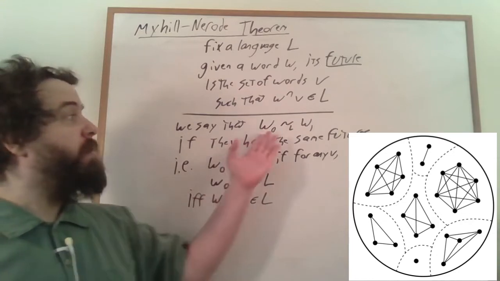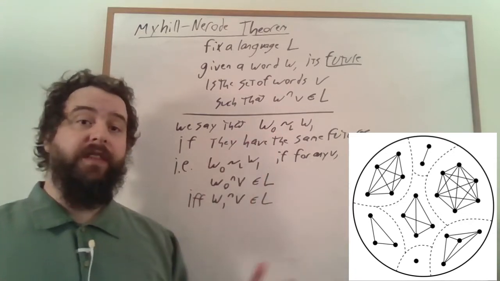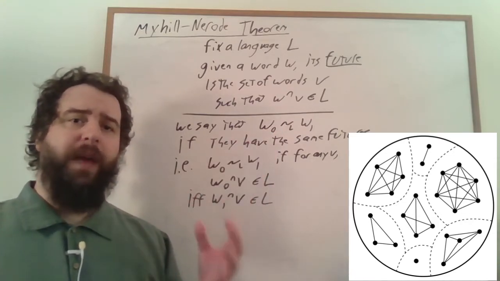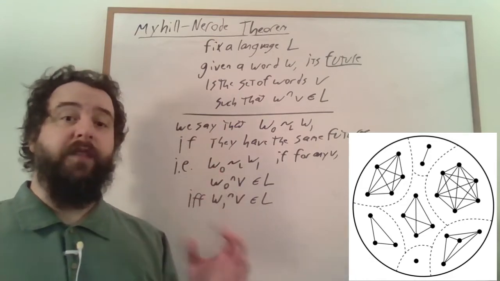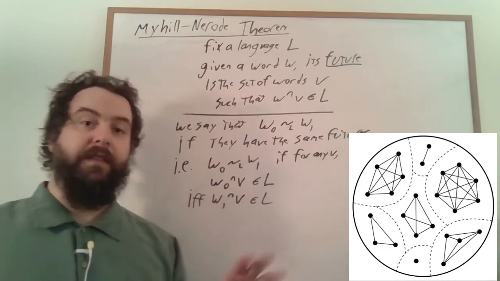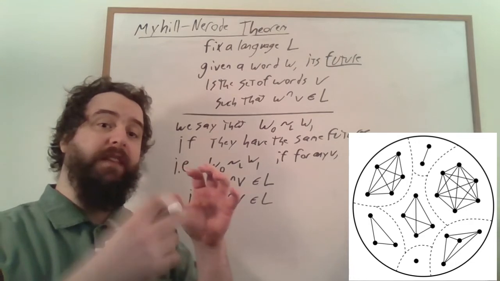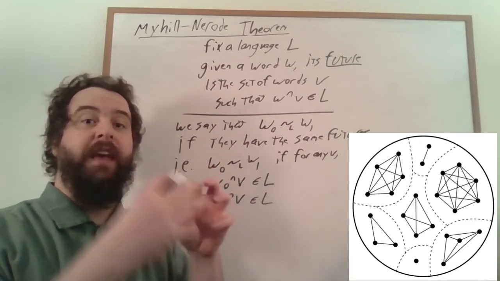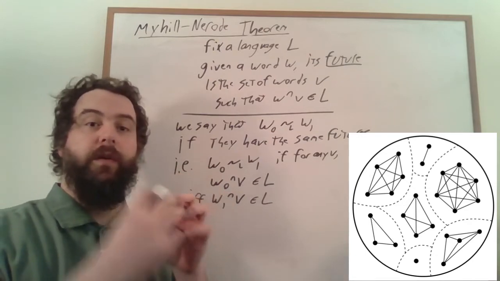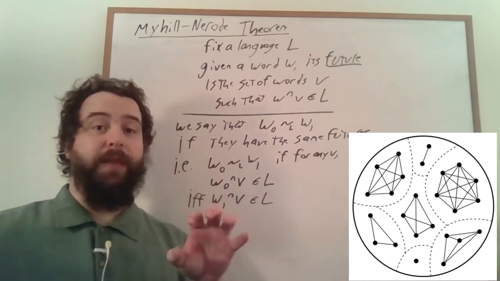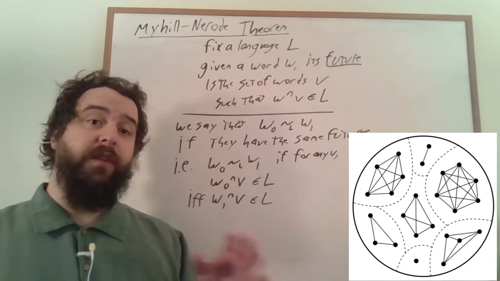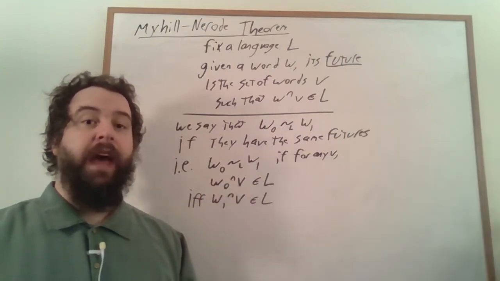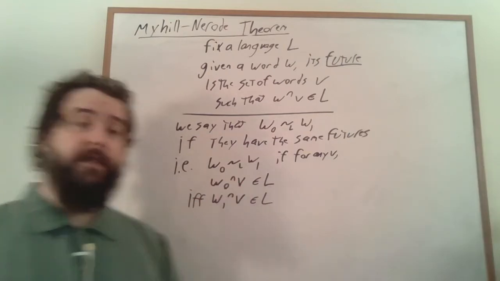In this case, we have an equivalence relation on the set of words, and so what we have is a way of partitioning up the set of words into lots of different pieces, such that anything in one piece is going to be Myhill-Nerode equivalent to anything else in that piece, and is not going to be Myhill-Nerode equivalent to anything in another piece.